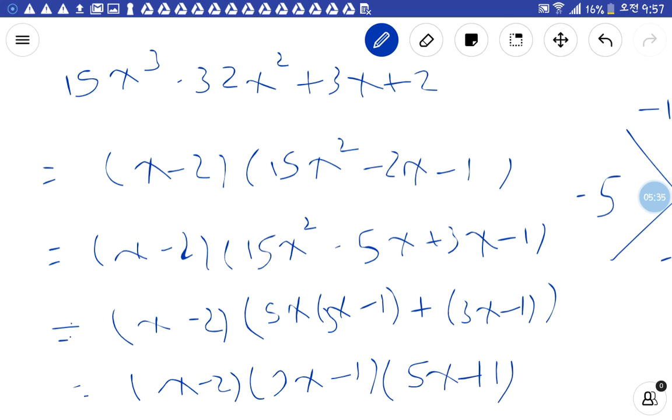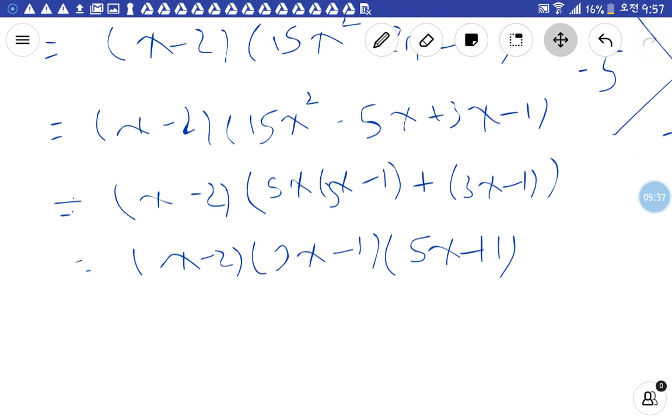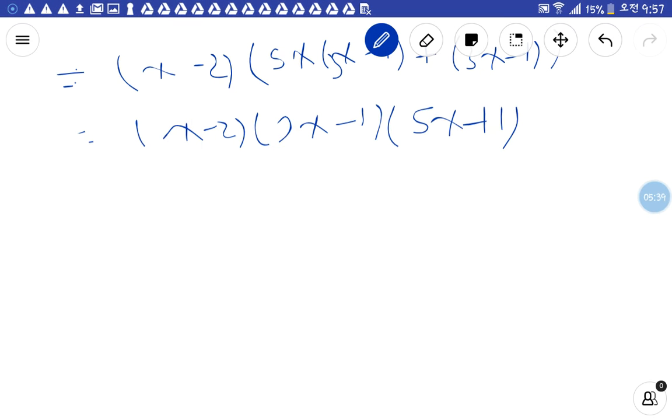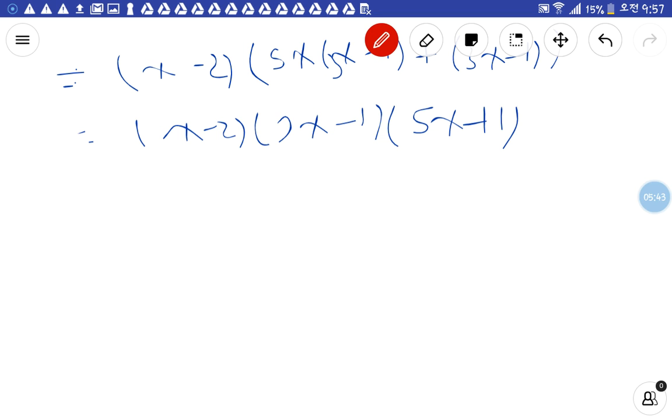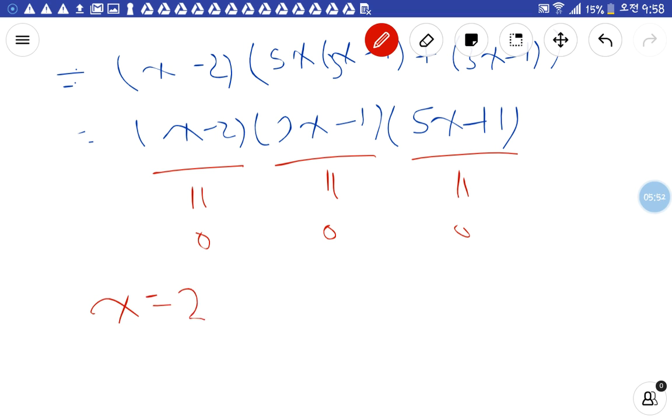So now I'm done with factoring. Now how can I get my roots? You have to set each of them equal to 0. So my one answer is x equals 2. The other answer is x equals 1/3. And the other is x equals negative 1/5. So those are my rational roots.